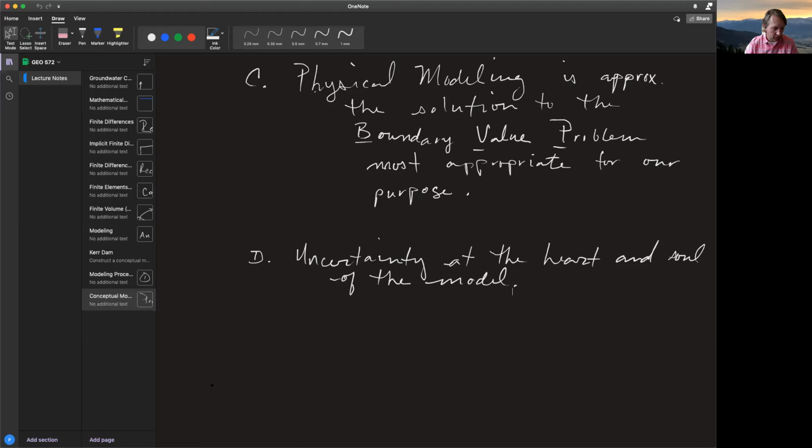But what is our groundwater model actually going to produce? Well, if it's a physical groundwater model, what it is going to do, the things that we measure, is a change in head across the aquifer. All right, so our model is actually constructed to measure the change in groundwater head across the aquifer.